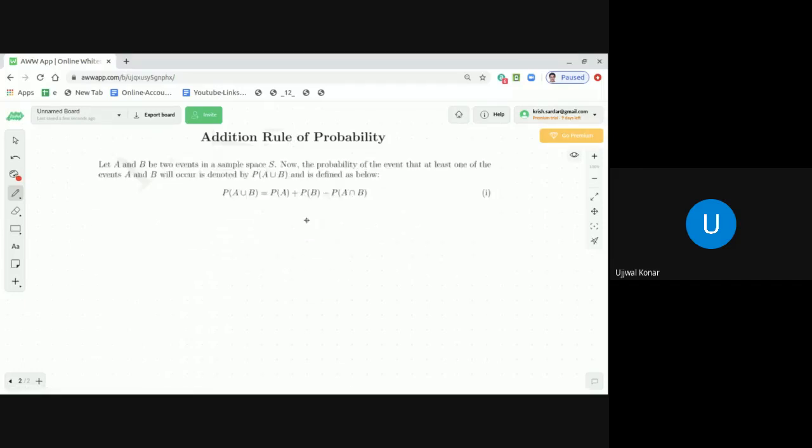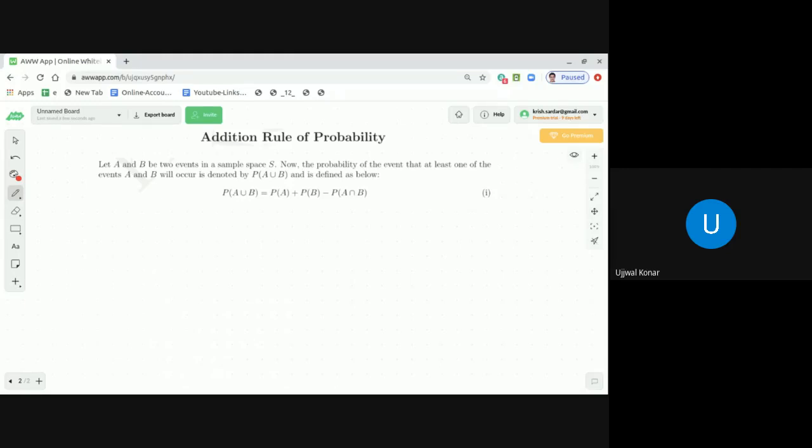So dear students, let A and B be two events in a sample space S. Now, the probability of the event that at least one of the events A and B will occur is denoted by P(A union B) and is defined as P(A union B) = P(A) + P(B) - P(A intersection B).